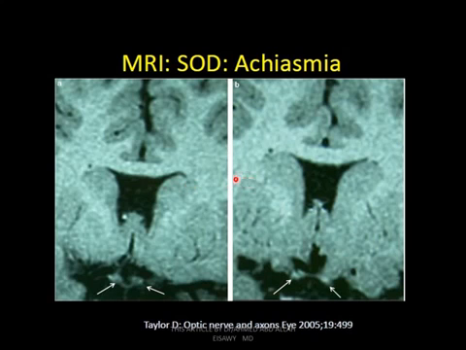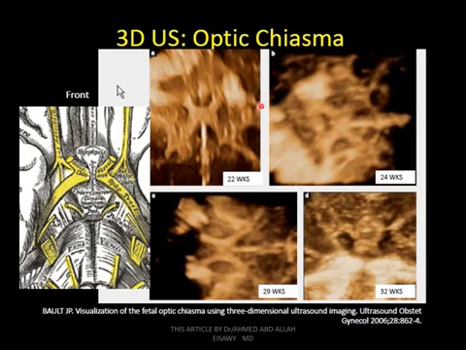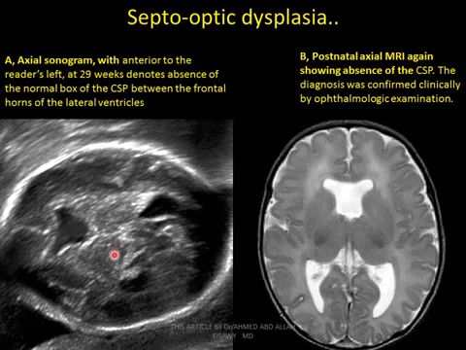Septo-optic dysplasia: optic chiasm atrophy, dysplasia, hypoplasia, as we see in coronal MRI. Septo-optic dysplasia on 3D ultrasound, with visualization of the fetal optic chiasm showing hypoplasia.